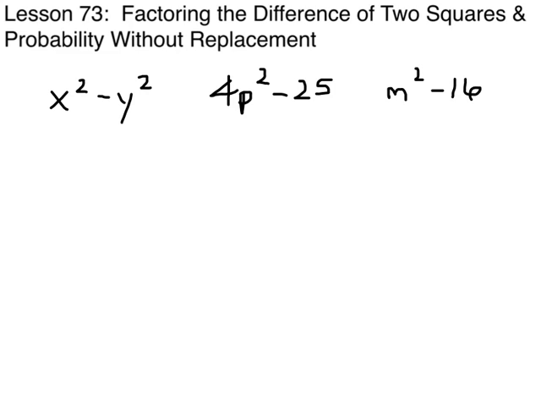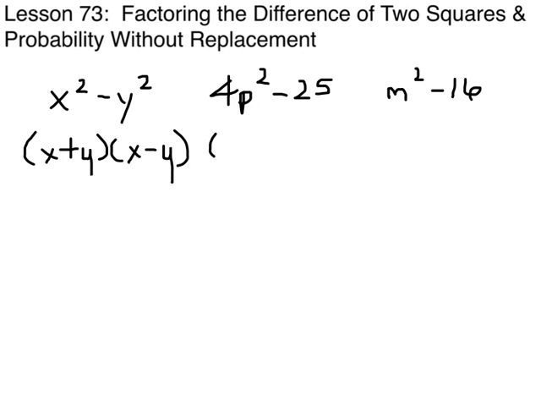And what that simply means is if I look at this first term and this second term, and I see that each one of those is a perfect square, then the way you're going to factor that is x plus y, x minus y.